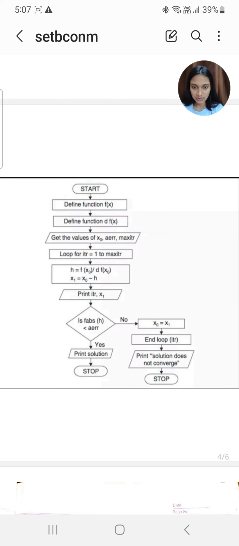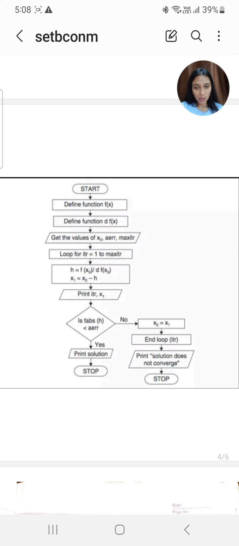In the next step, we would compare the absolute value of h and the absolute error. If the absolute error is greater than the absolute value of h, we would print the solution, and then our algorithm would stop.